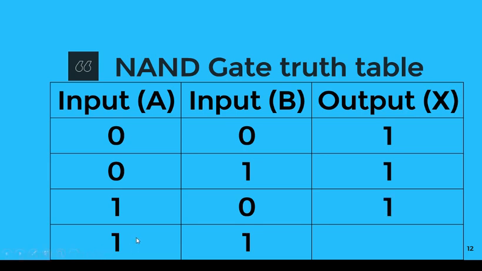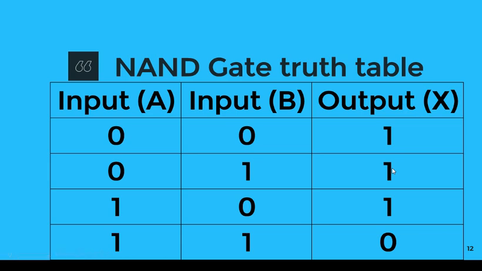Now, typically when we had 1 and 1 in the AND gate, we would get a 1. But because of the NOT gate, we will get a 0. Right? So we see exactly how the NAND gate basically reverses the operation of the AND gate. Because we know for these 3 rows, we would have gotten a 0 when we had an AND gate.